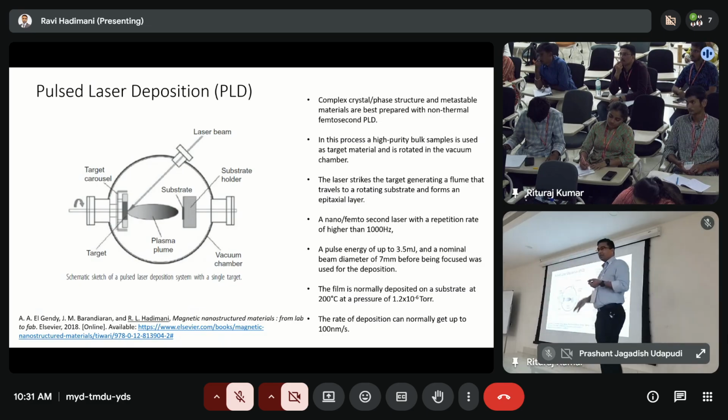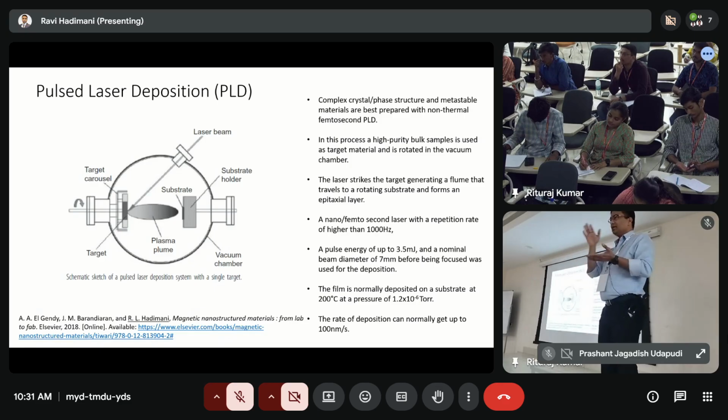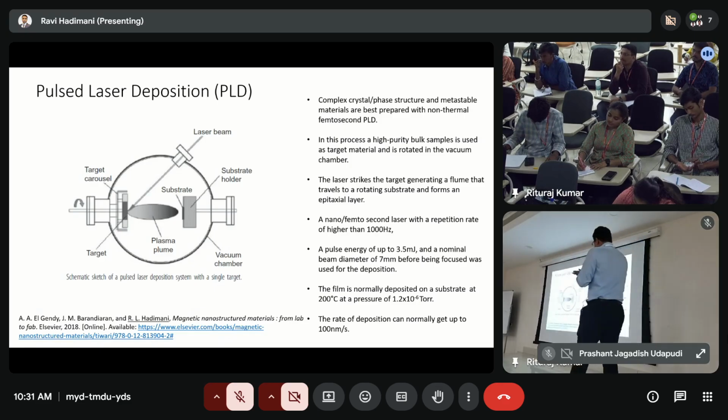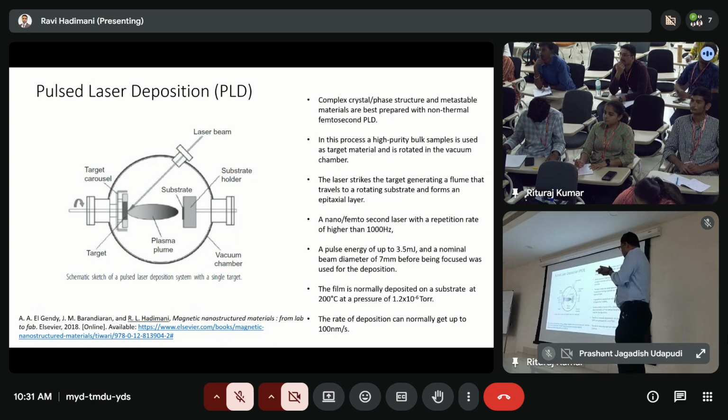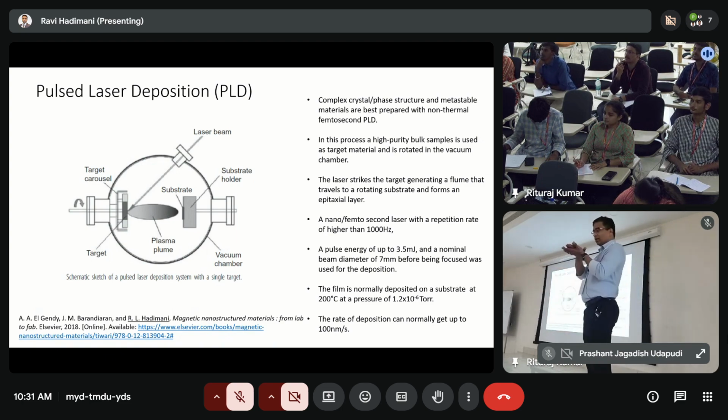The previous one is purely thermal, where the phonon heats the material, whereas with the femtosecond laser, you are basically creating Coulomb ablation, also called Coulomb avalanche or multi-photon interaction. They call it by several names.